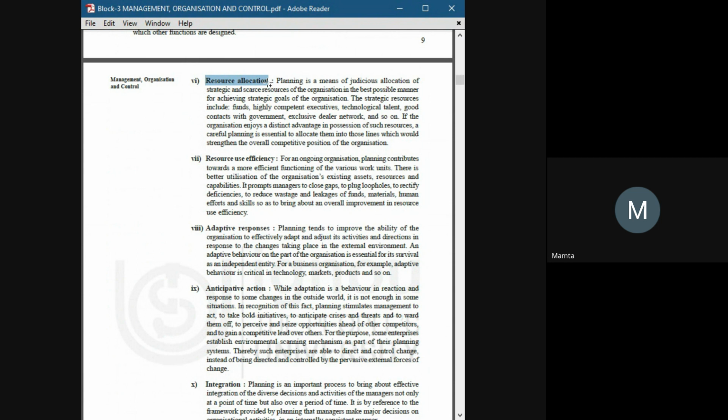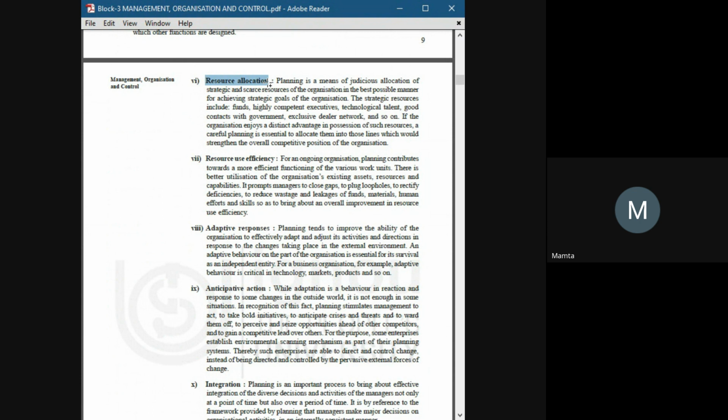If the organization enjoys a distinct advantage in possession of such resources, careful planning is essential to allocate them into those lines which would strengthen the overall competitive position of the organization. So that's how it helps in allocation of resources.